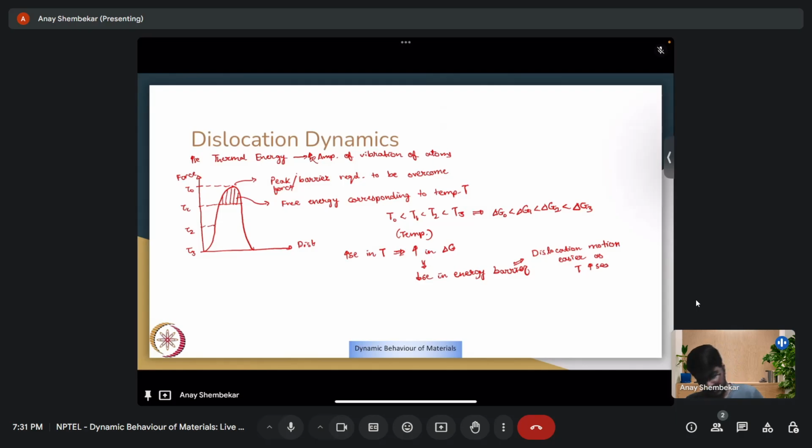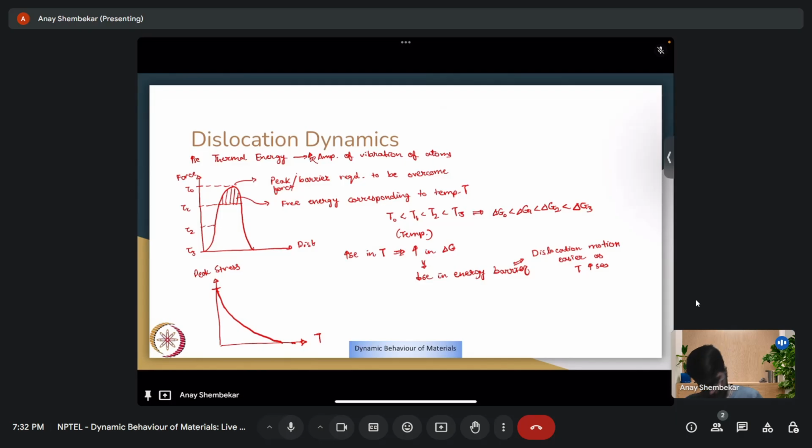And if one were to plot the peak stress required as a function of temperature, then one would find a plot that roughly looks like this.